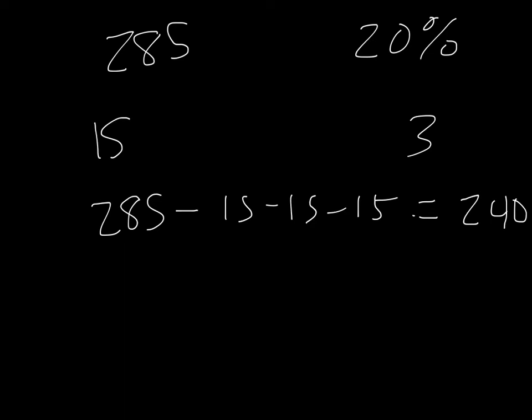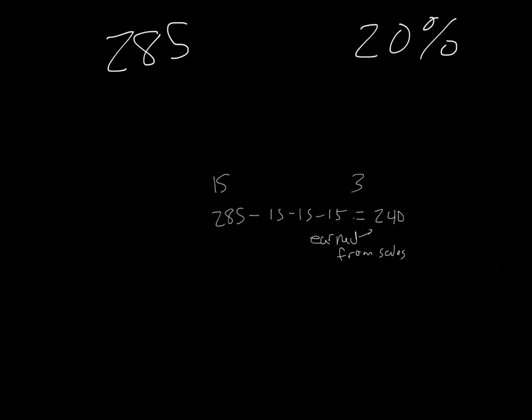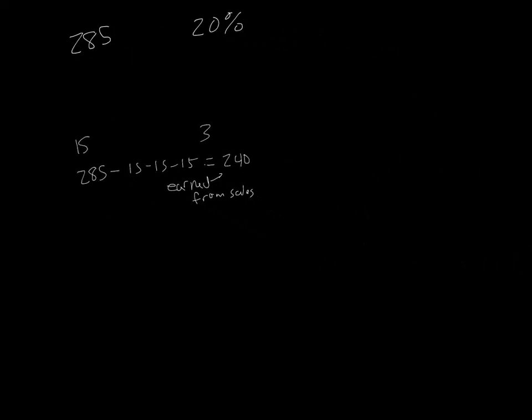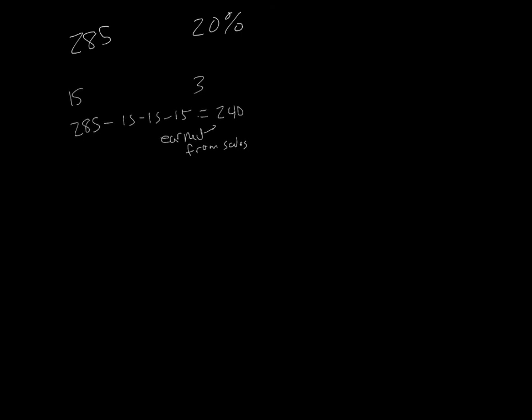It's what he earned from sales, via commission. That's the stuff that isn't just his base pay. So if he earned $240 from sales, what do I do now? I divided by 3 because he worked 3 shifts, so you want to figure out $80 a day? That's fine, but it doesn't actually get you any closer to the answer.